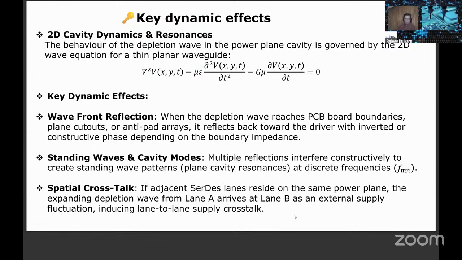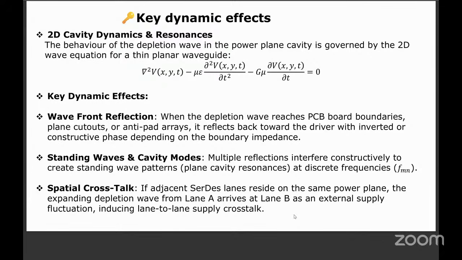Spatial crosstalk: if adjacent SerDes lanes reside within the same power plane. Now in some PCBs, the SerDes lines will share a ground plane with a power plane for power decoupling ground, and a trace return path can be the same ground plane. Or sometimes in some protocols, we use the power plane also as a return path. So this is the situation.